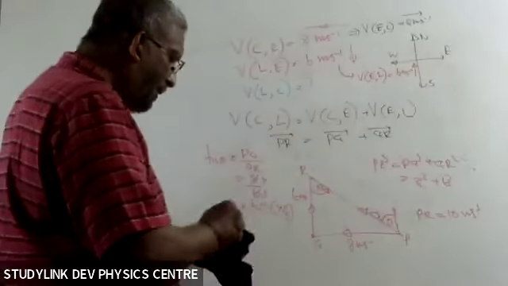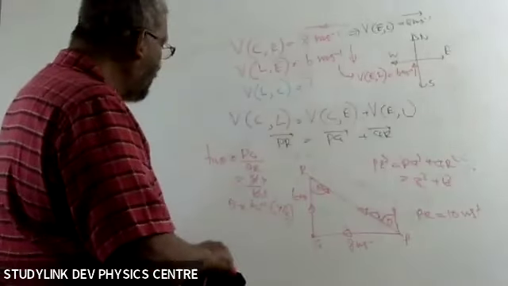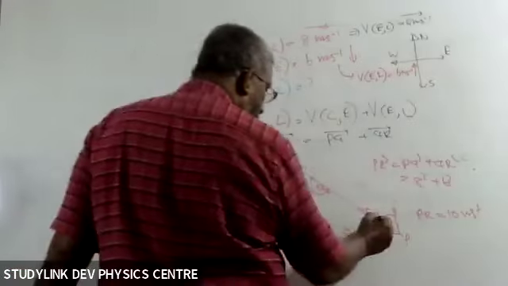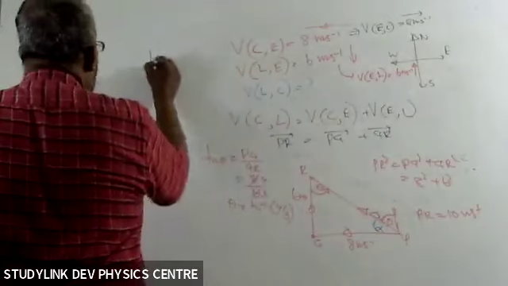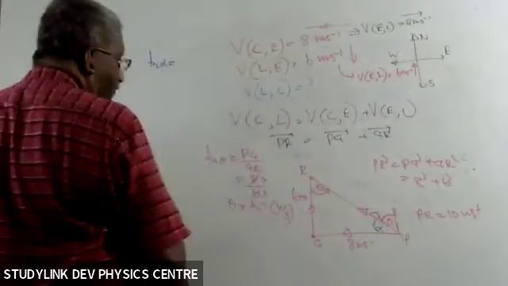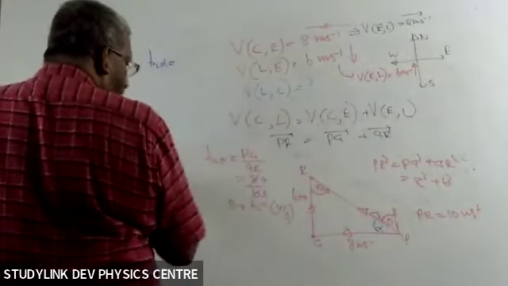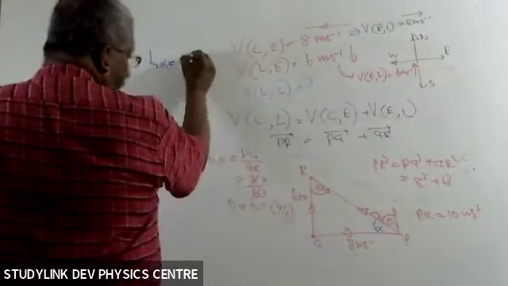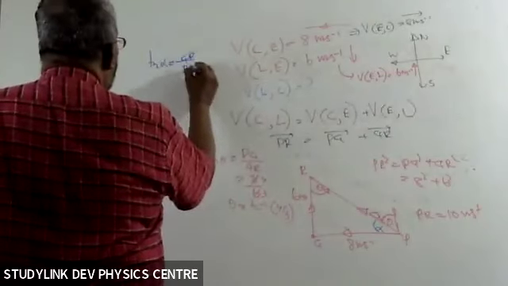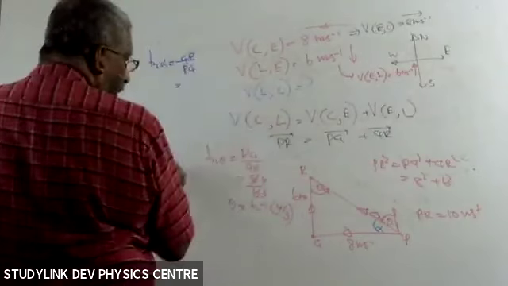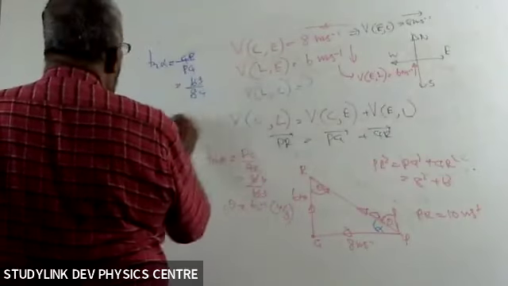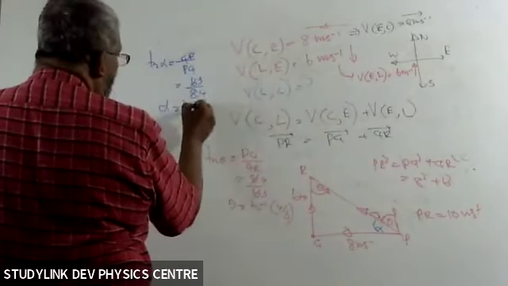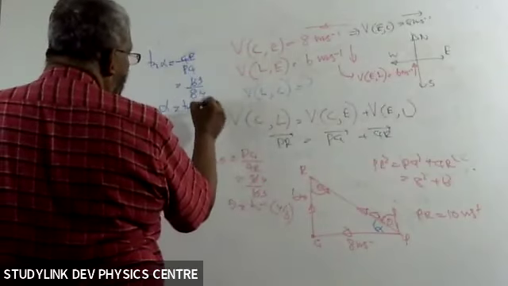But if you want, without considering the same method, you can find alpha. If you are writing alpha, then tan alpha is equal to opposite divided by adjacent, QR divided by PQ. Then QR is 6 divided by 8, 3, 4. Then alpha is equal to tan inverse 3 by 4.